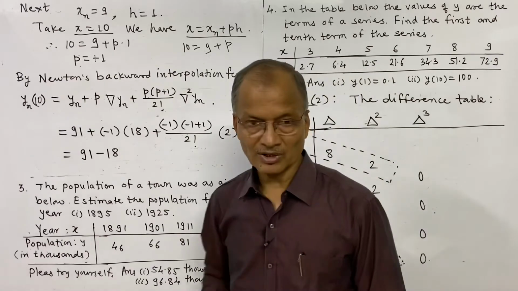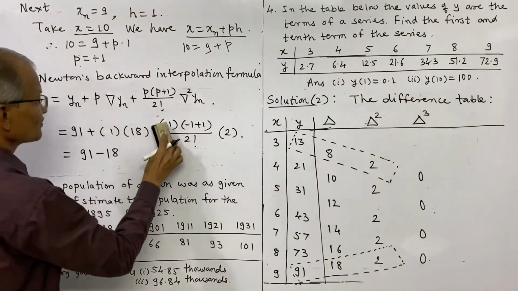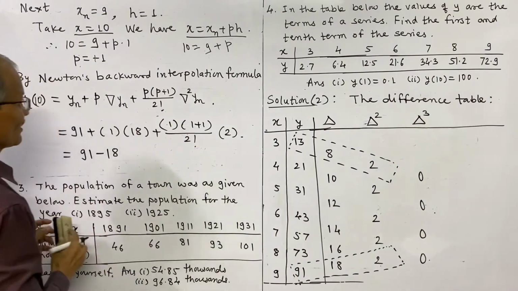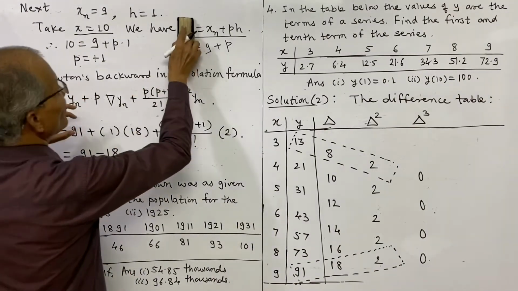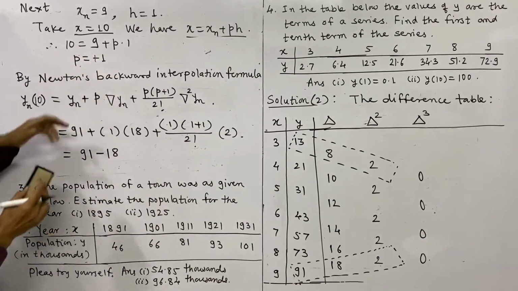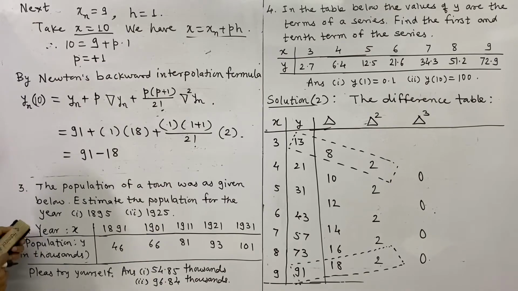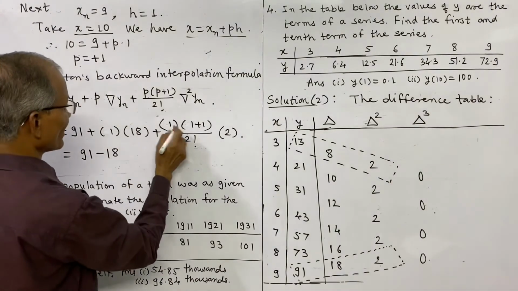So we will have to correct this, and this is 1, this is 1, and this is 1 plus 1. Please note this, we made a mistake in writing the value of p. This is p is 1, and thus now it becomes 1 into 1 plus 1.